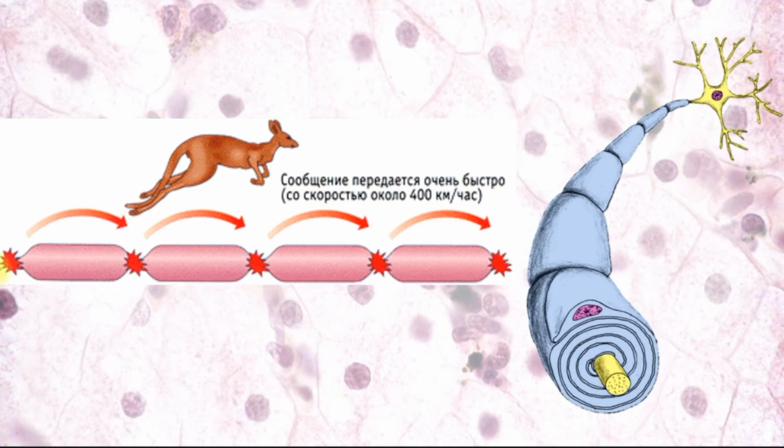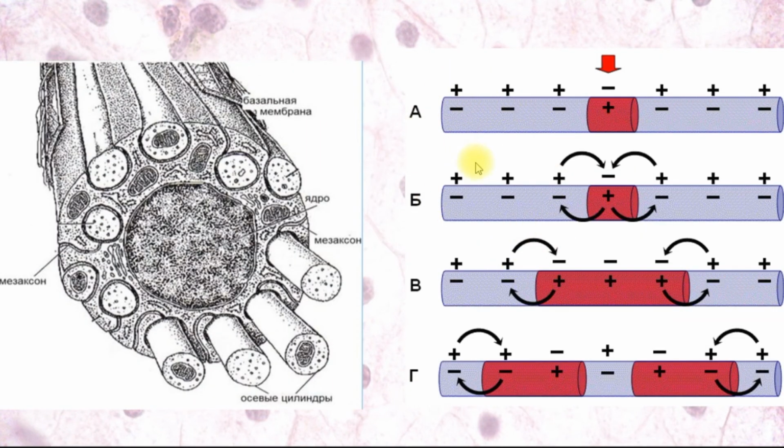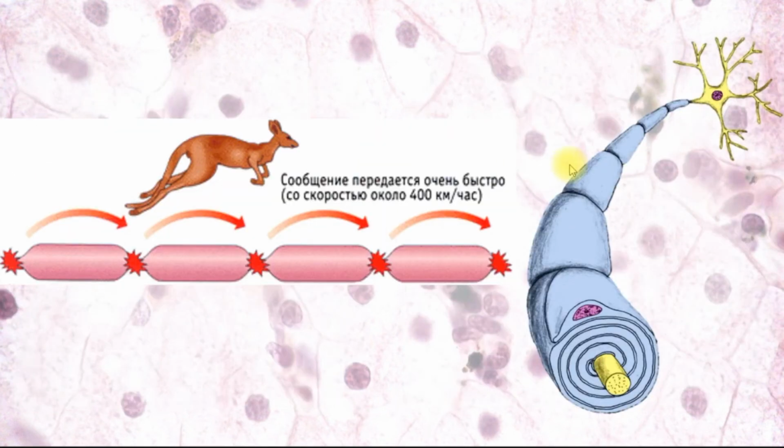The nerve impulse jumps from one Ranvier node to another, and it provides very fast conduction of nerve impulse. Here, in unmyelinated nerve fibers, conduction of nerve impulses is very slow. In myelinated nerve fibers, conduction of nerve impulses is very fast. So it's the main functional difference between the two kinds of fibers.